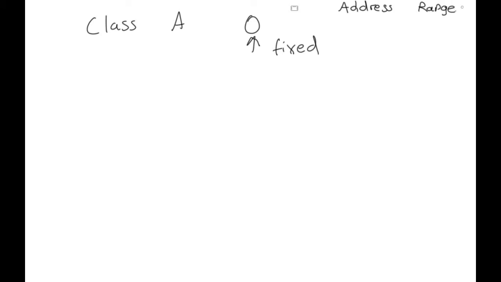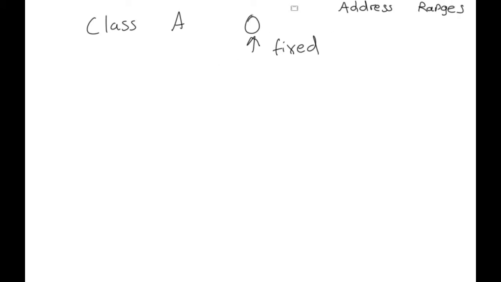So basically, Class A has a leading bit of 0. That means that this 0 is fixed, cannot be moved at all. So I'm going to show you how to get the address ranges for each of these classes. So we know that that 0 can't be changed.